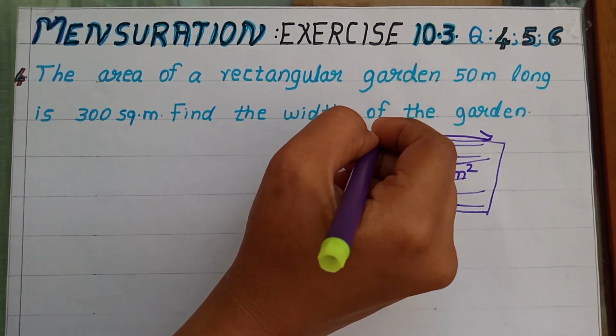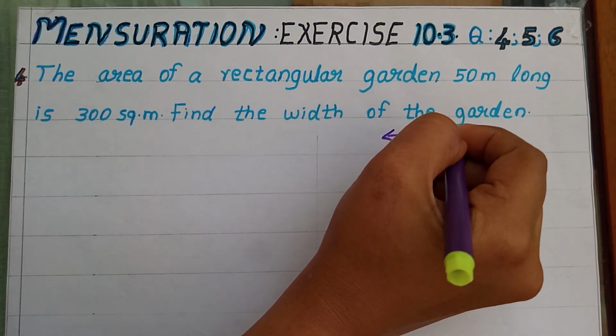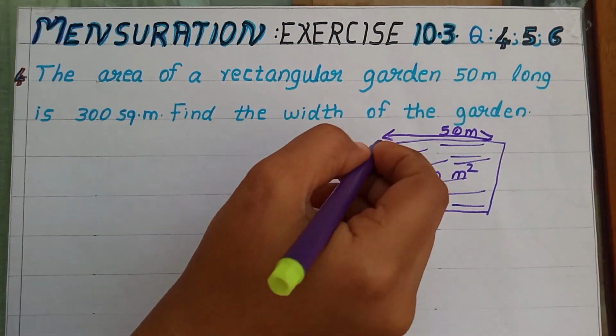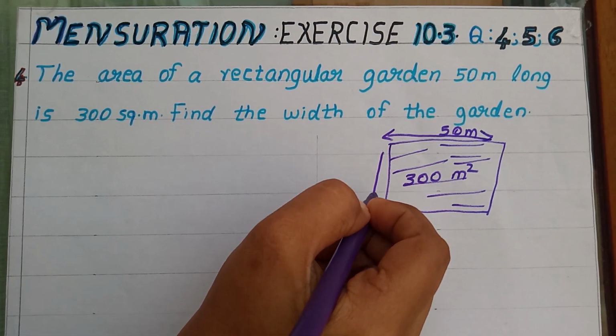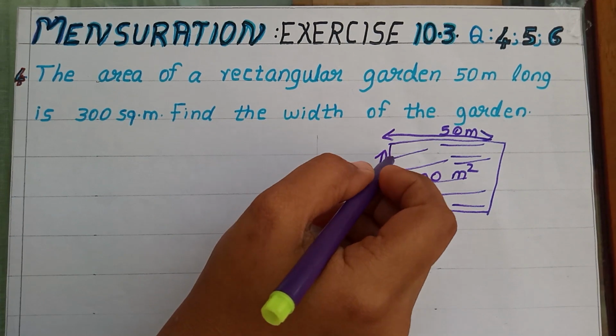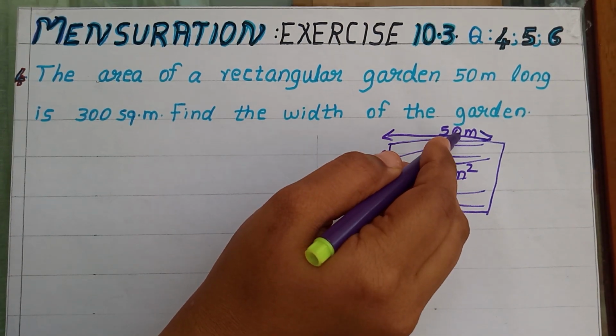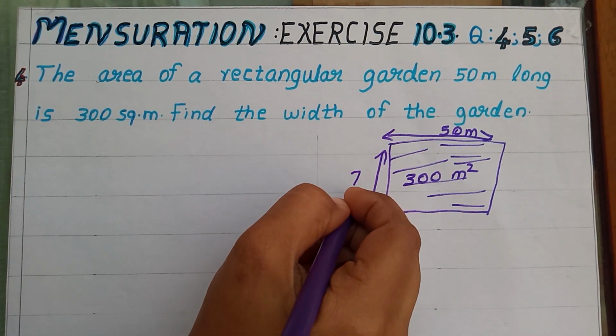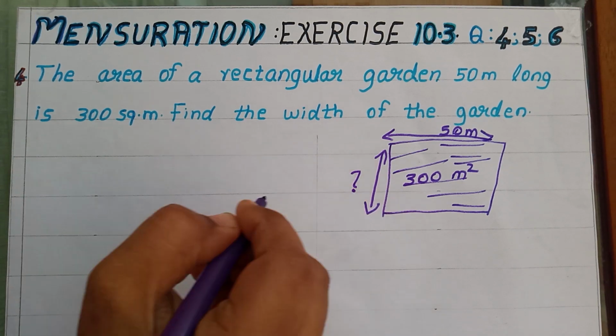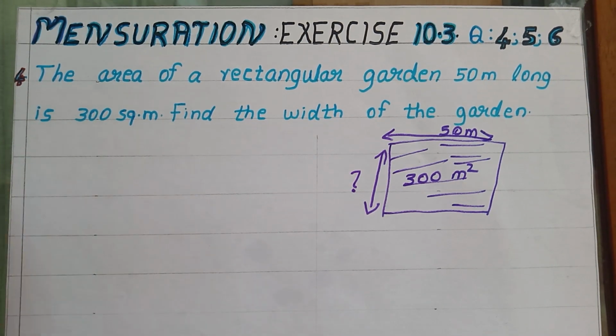Length is 50 meter. We should find out the width. They have given the length as 50 meter and width we are required to find. So we can write the given data.